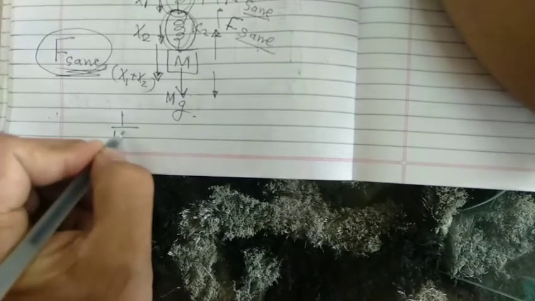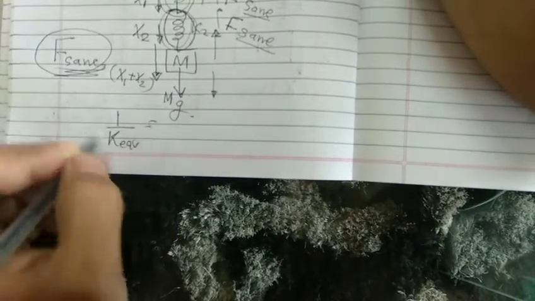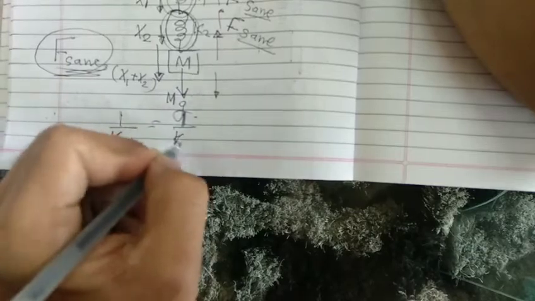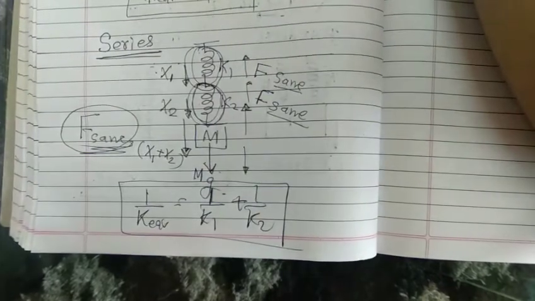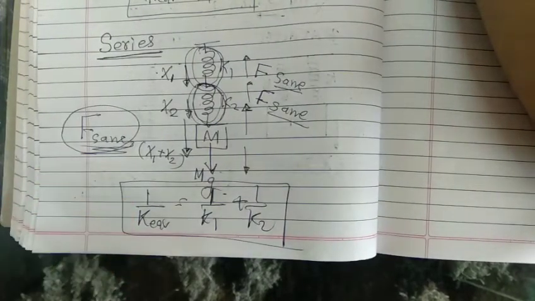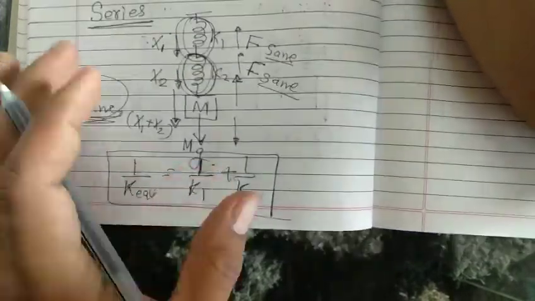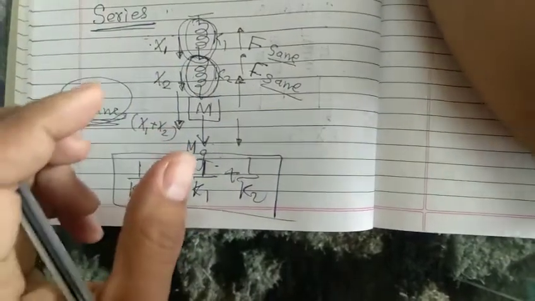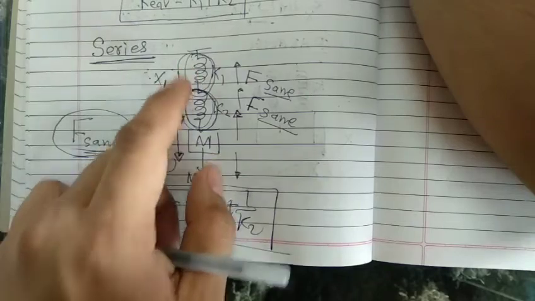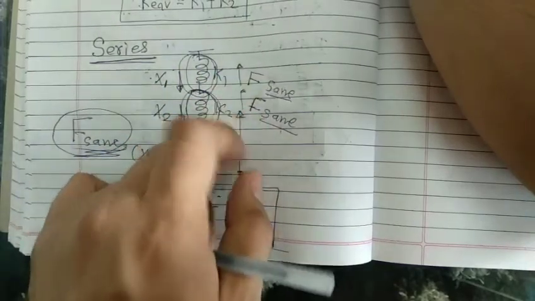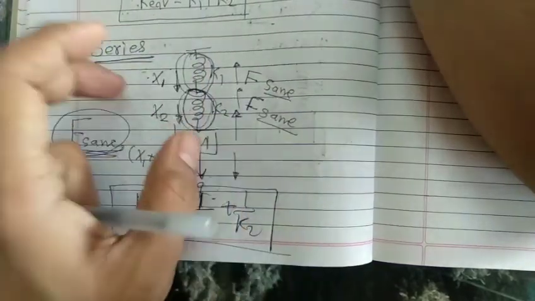Remember, here the force has to be the same. Now here we can prove that K equivalent is given by 1 by K1 plus 1 by K2, like this. Earlier for parallel combination I proved the formula for K equivalent. This time I am not proving it. The main idea I have given you is that when two springs produce the same restoring force, only then are they said to be in series combination.